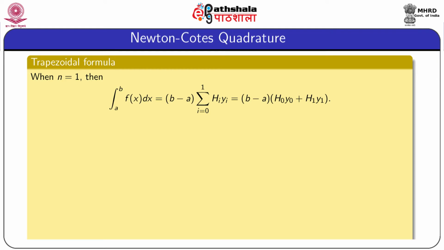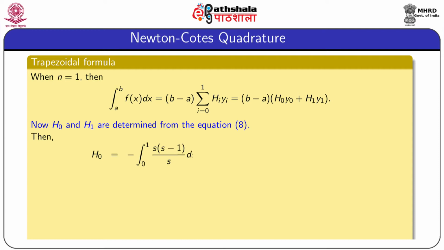When n equal to 1 we obtain the Newton-Cotes quadrature formula known as the trapezoidal formula. For this case, integration a to b f(x) dx equal to (b minus a) summation i equal to 0 to 1 hi yi, which is equal to (b minus a) into h0 y0 plus h1 y1, where h0 and h1 are the Cotes coefficients determined from equation 8.